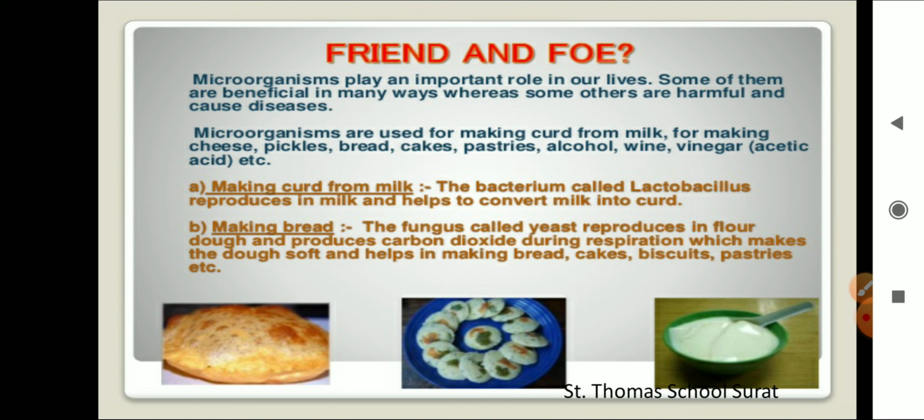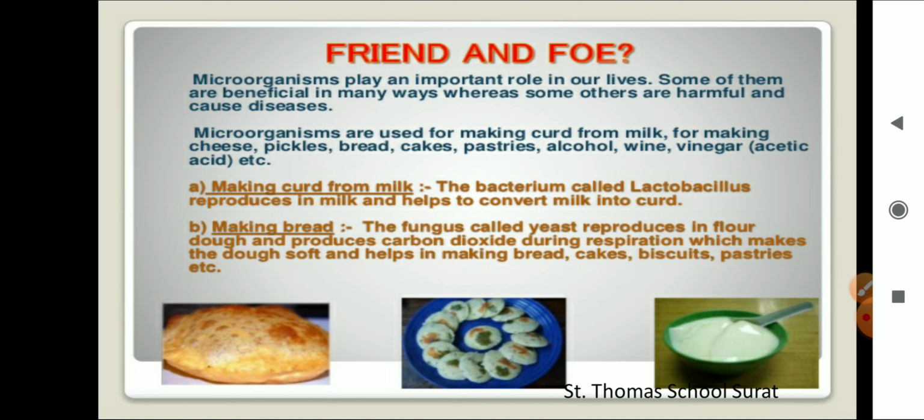Then the second thing which we can make is bread. Here the fungus called yeast reproduces in flour dough and produces carbon dioxide during respiration, which makes the dough soft and helps in making bread, cakes, biscuits, pastries, etc. For making bread, what are we using?